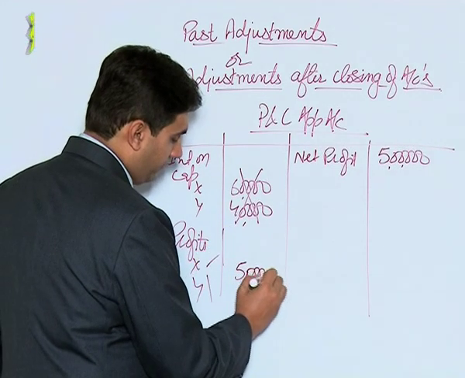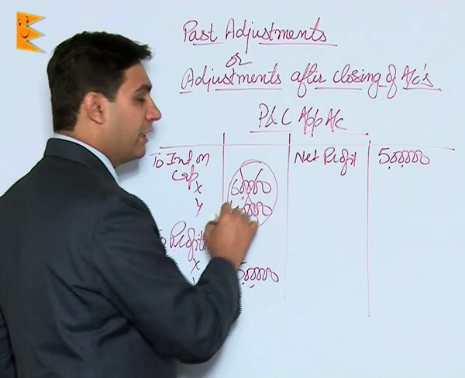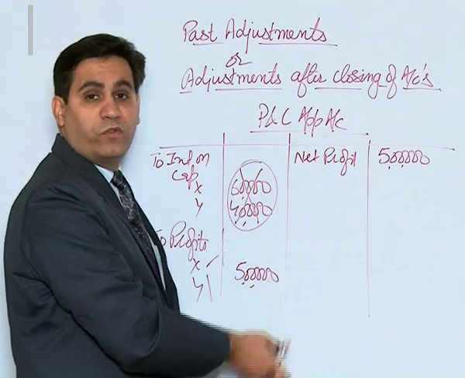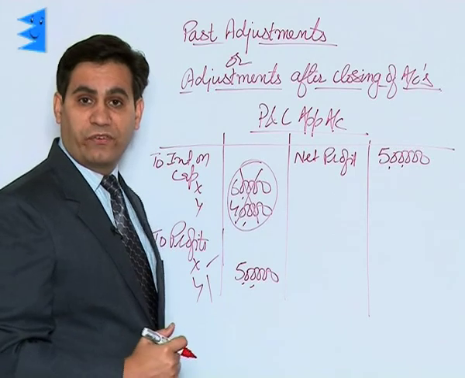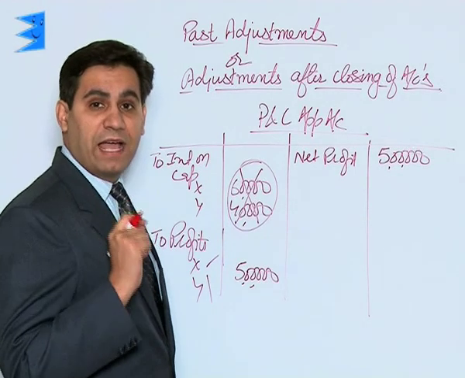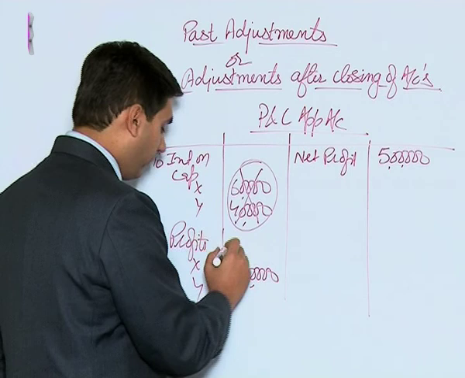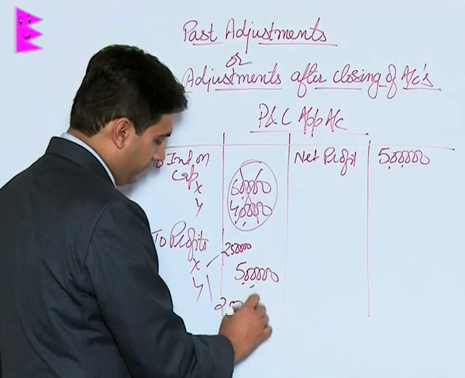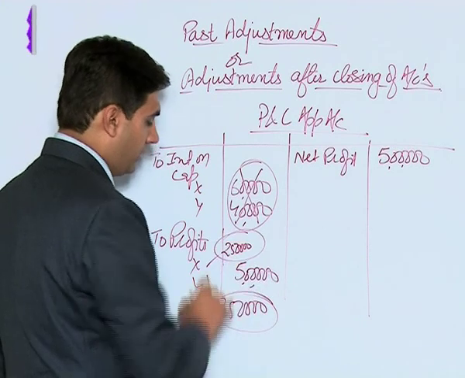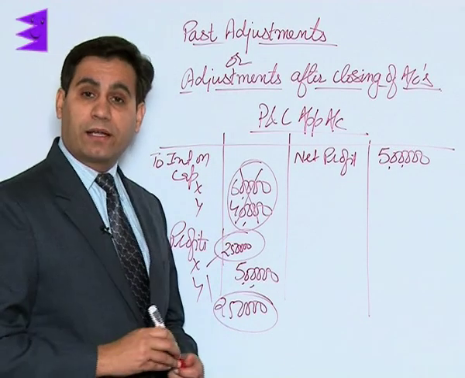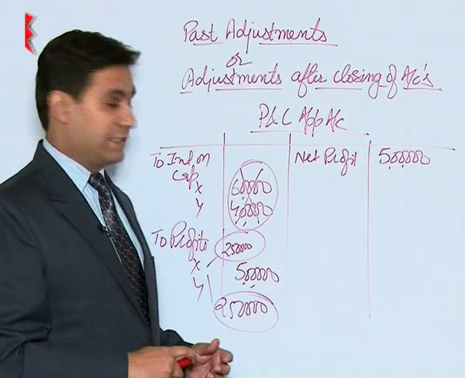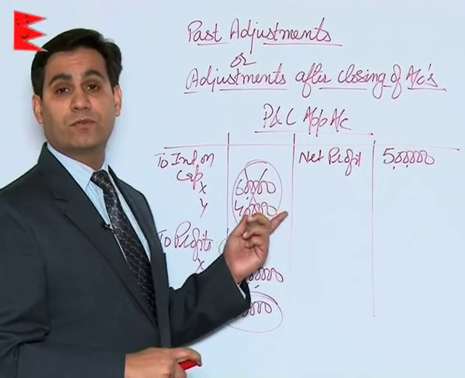How come? Since this is not written here on the debit side, that means 5 lakh minus 0, the whole 5 lakh is divisible profit. So you have divided 5 lakh as profits, out of which X has got 2 lakh 50,000 and Y has got 2 lakh 50,000. X was entitled to 2 lakh plus 60,000 interest, but he has got 2 lakh 50,000. So some amount has been given in excess and the interest of 60,000 was not given.